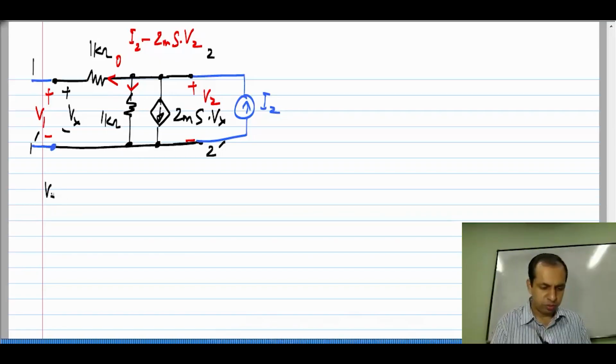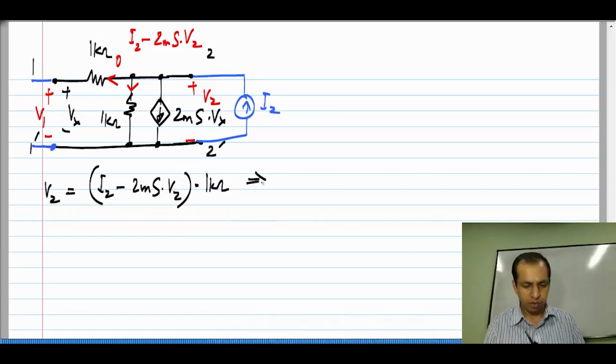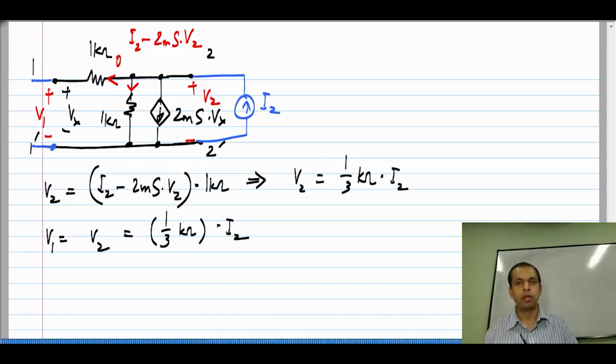So, V2 we get to be I2 minus 2 millisiemens times V2 times 1 kilo ohm, and from this we get V2 to be 1/3 of a kilo ohm times I2, and we also said V1 is the same as V2, which is also 1/3 kilo ohm times I2.